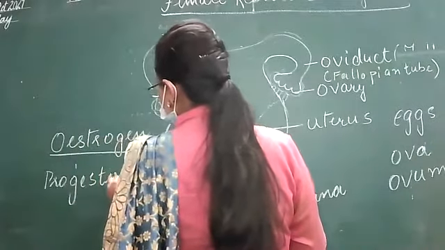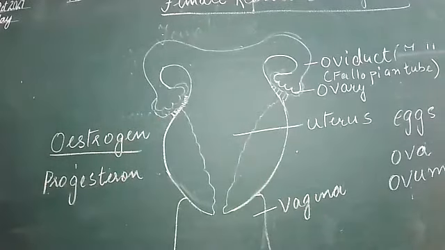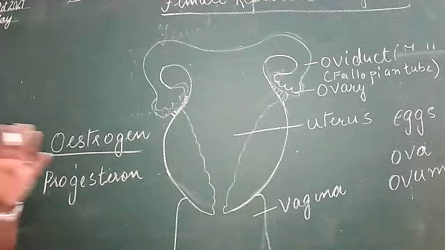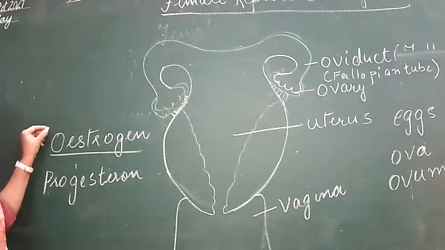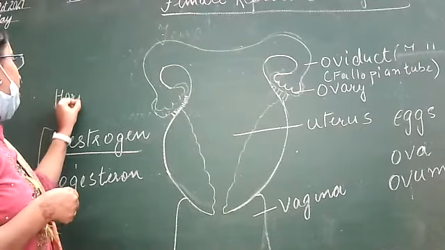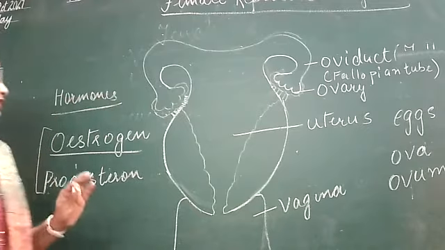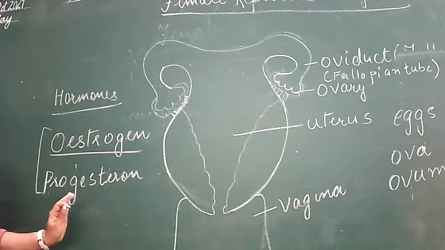These are the hormones that the ovaries secrete. The two hormones that the ovaries secrete are estrogen and progesterone.